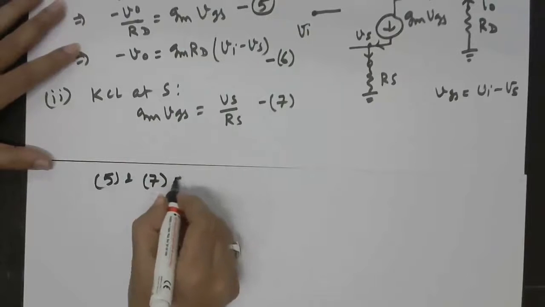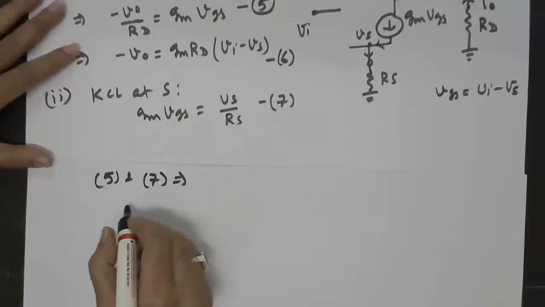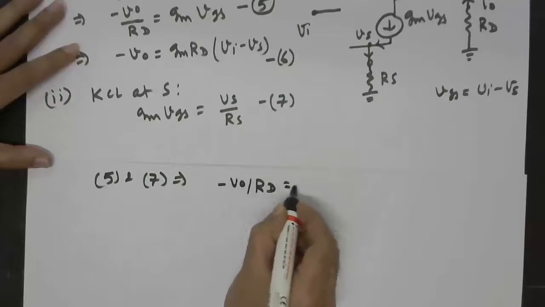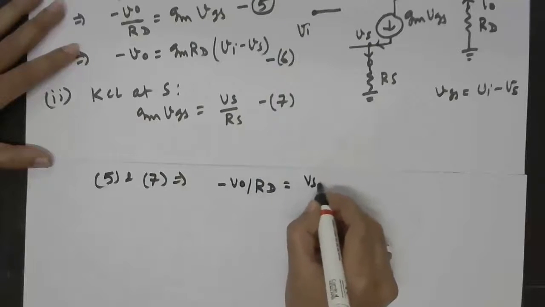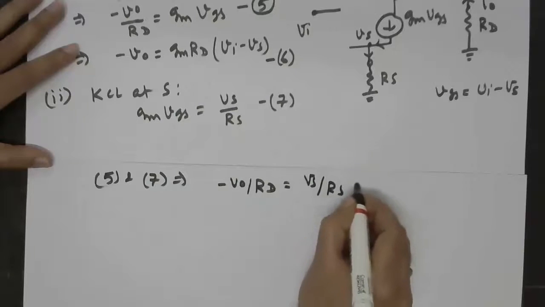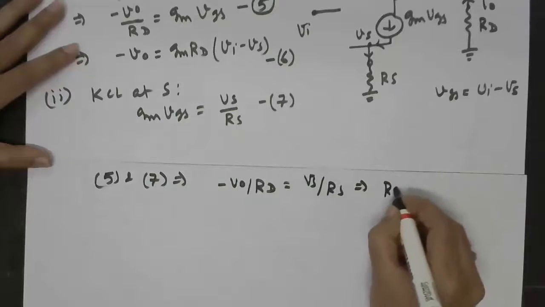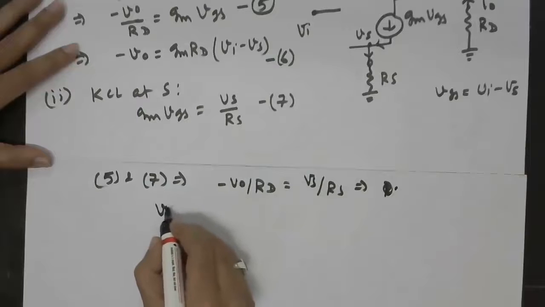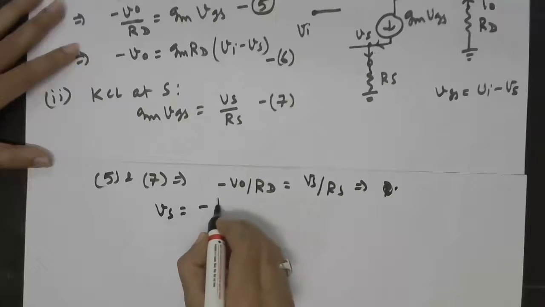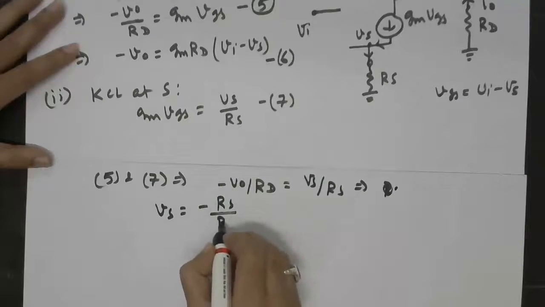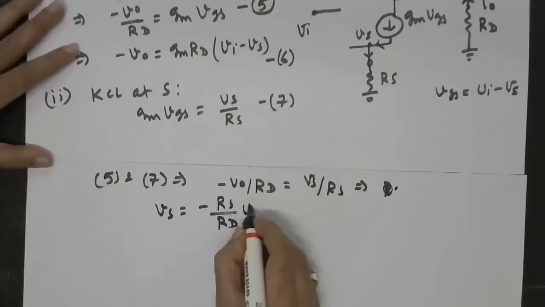Five and 7 imply, so this is Vs equal to minus Rs by Rd into Vo.